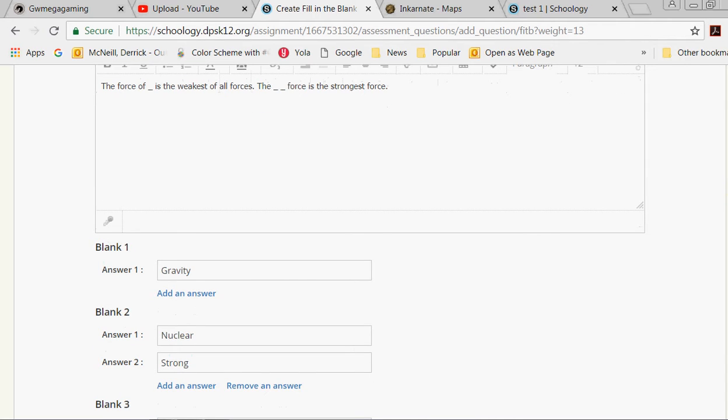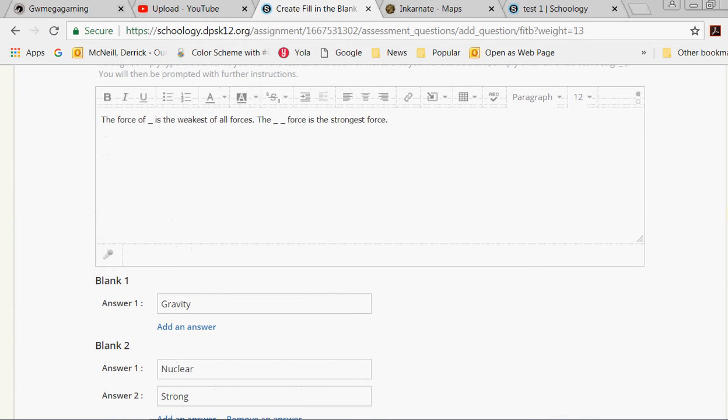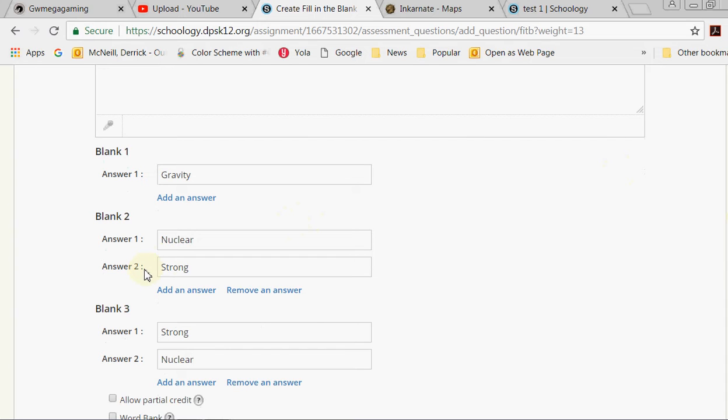That's just the way in which I structured that question, so keep that in mind when you build it. But it is as acceptable in this case to say nuclear strong as it is to say strong nuclear. But it is not acceptable for nuclear. But there is no way in the software to say only tie the second answer in blank 2 to the second answer in blank 3. It's just the way in which the software is built.